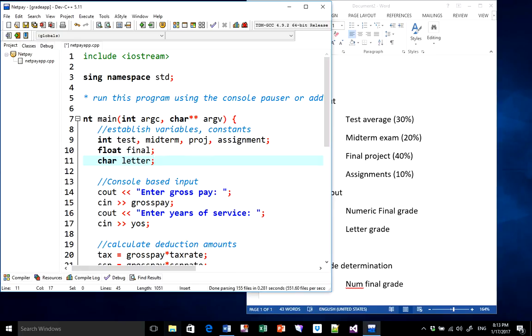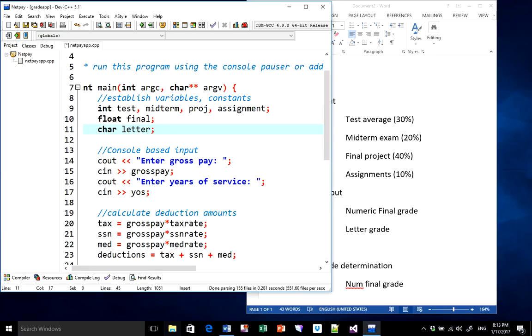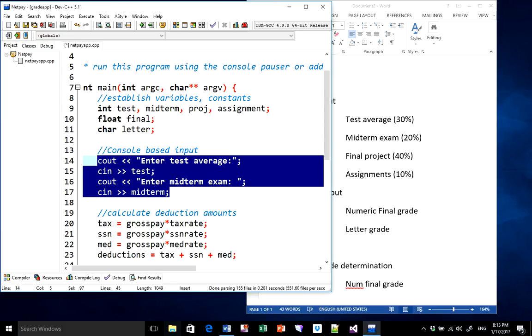All right, so the next step is enter your test average. I call this one test. Enter midterm grade or midterm exam. Midterm, I'm going to copy this.